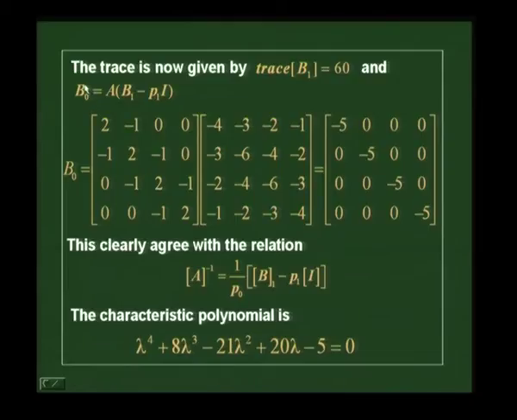Now we saw that B0 divided by P0 is an identity matrix. That means that B1 minus P1I divided by P0 is the inverse of A, because if this has to be the identity matrix, this has to be the inverse of A. So this process can also be used to compute the inverse of a matrix of this form.